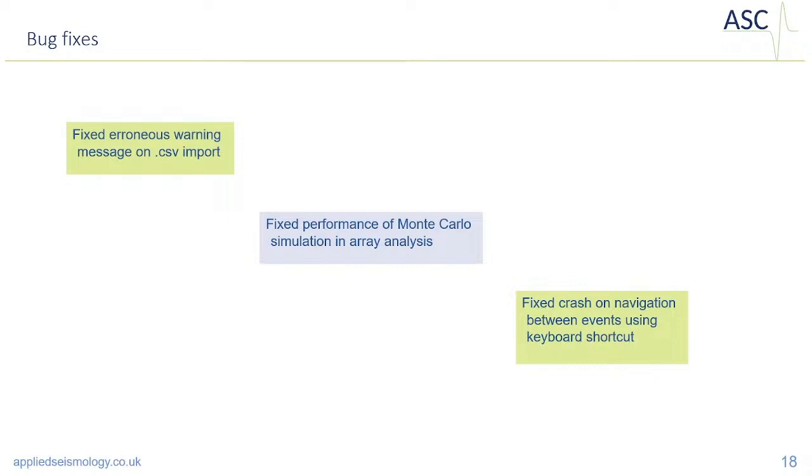We have fixed the performance of the Monte Carlo simulation during array analysis, making it more stable and more robust, so there's no crash and no spurious results. And we also fixed a crash that was observed on navigation between events when navigation was done using a keyboard shortcut.